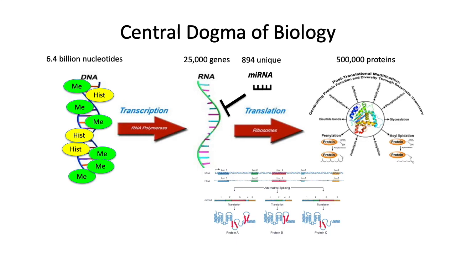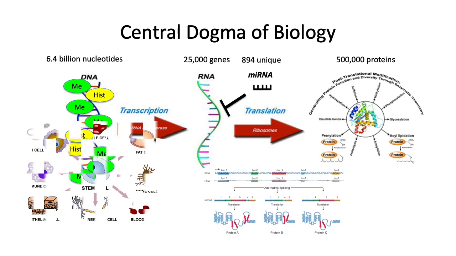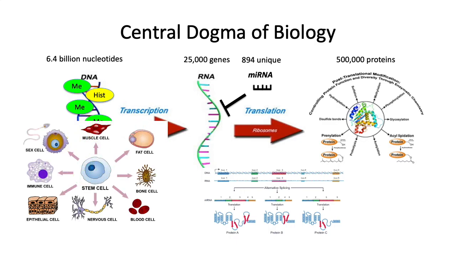You can methylate certain areas of the genome and basically have a completely different phenotype. A good example of this is all our cell types, right? Every cell in your body has the same DNA. Is every cell type the same? No, right? Certain genes get expressed on and off.